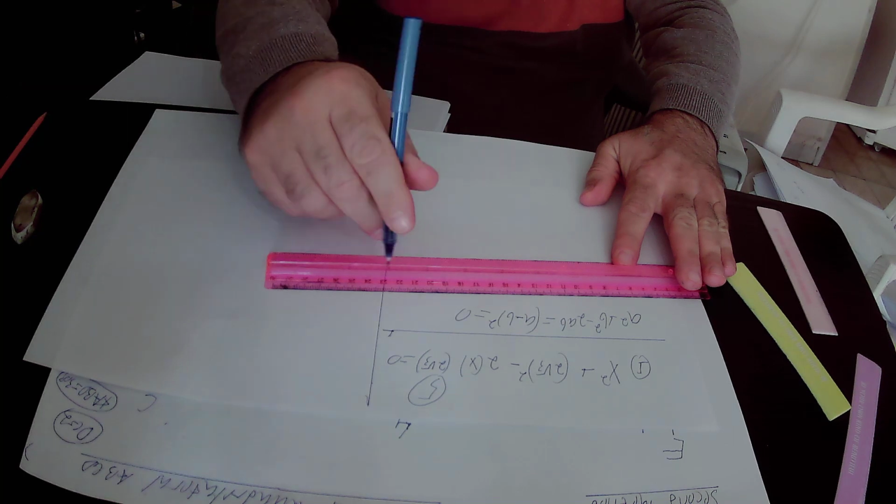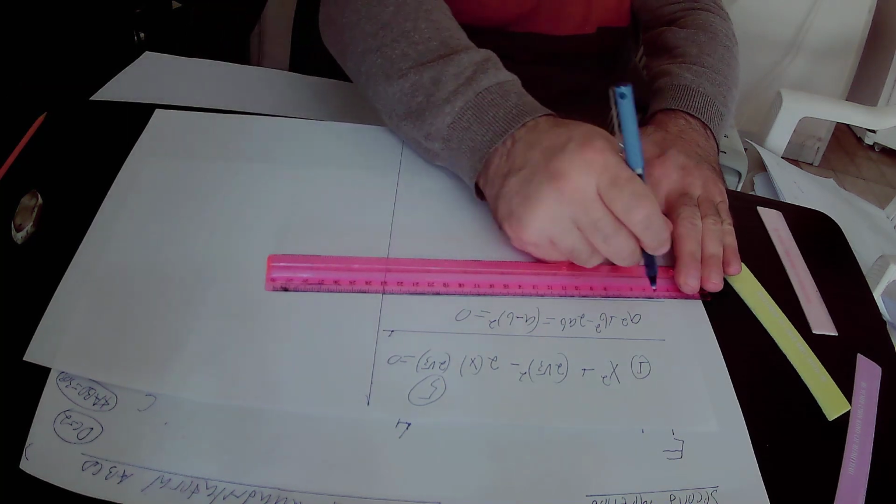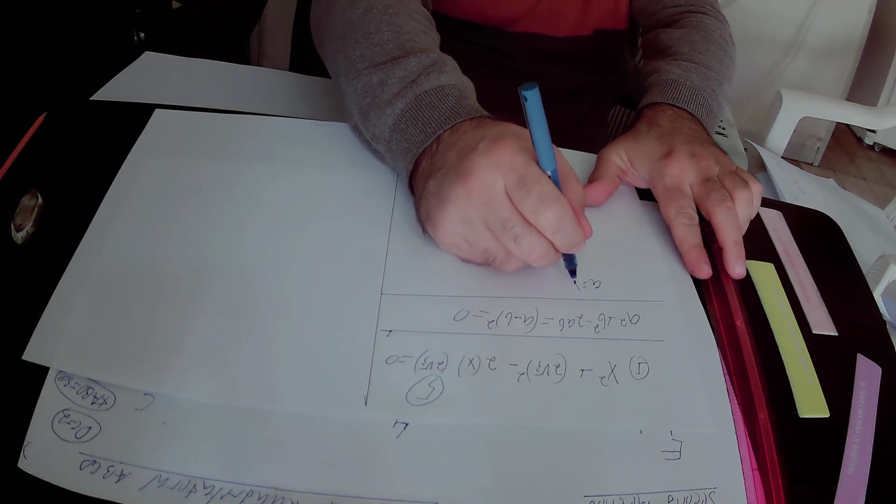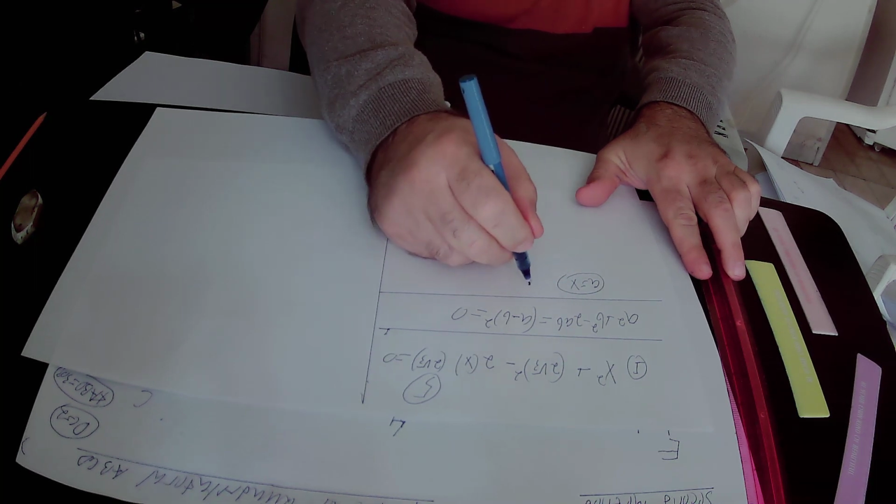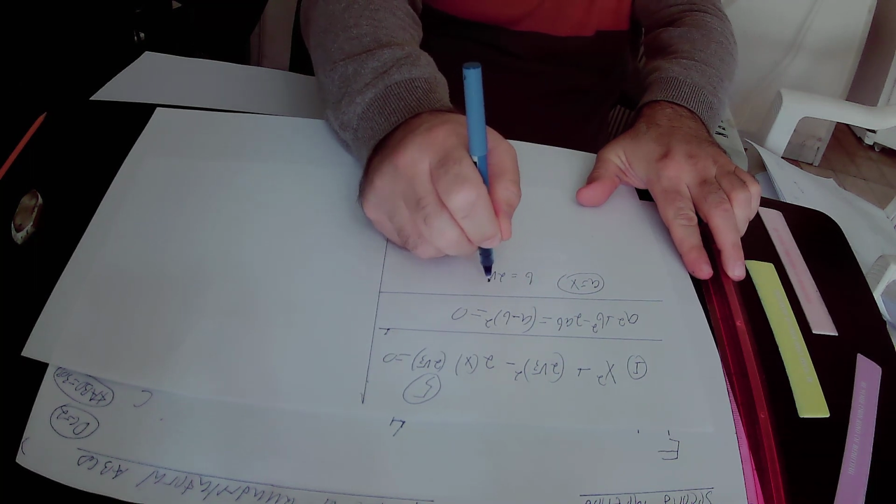In our specific expression, a equals x and b equals 2 times square root of 3.